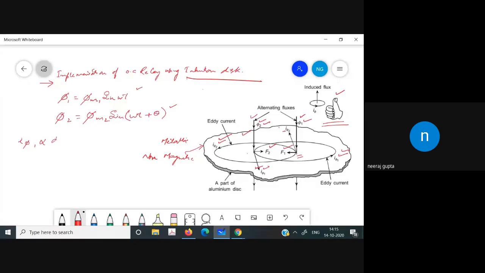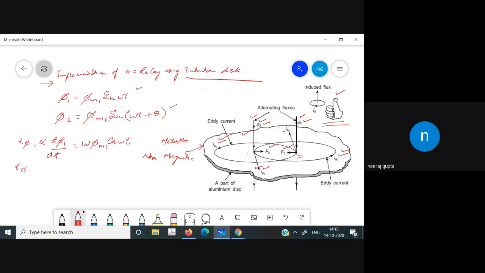Differentiating phi1, we get omega phi m1 cos of omega t.